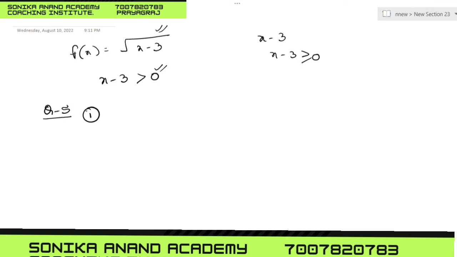First part. f(x) is equal to 2 minus 3x, where x belongs to the real numbers and x must be greater than 0. That is the condition given to us. Now here we have to find the value of range. So how will we find that?